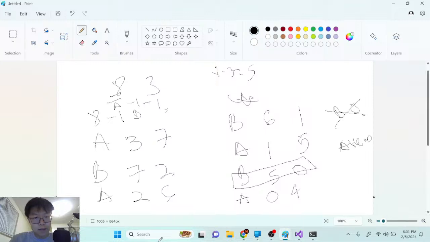So Alice, Bob, Alice, then Bob. So it would be 5. So, oh, if this is odd. So Alice, Bob, Alice. Since 3 is odd, it would be Bob's turn. Right?